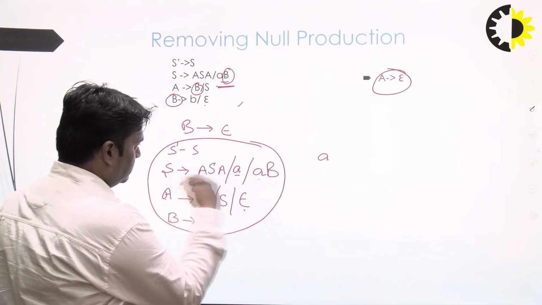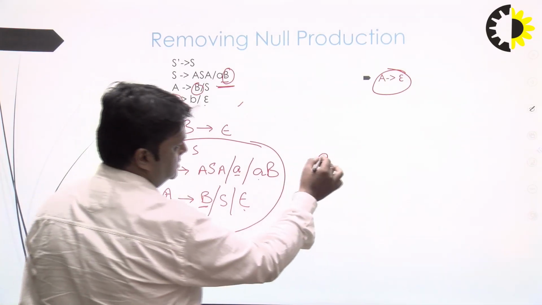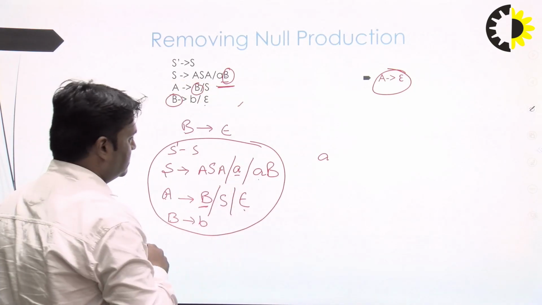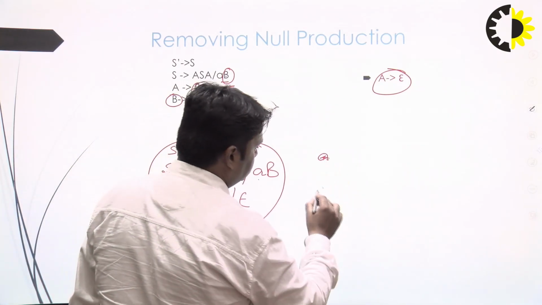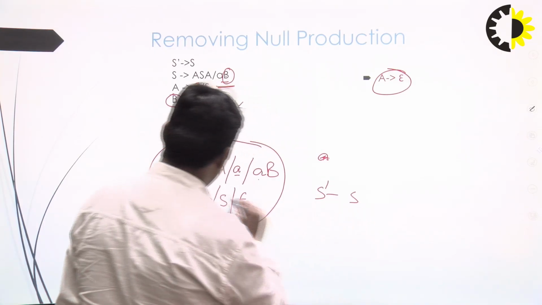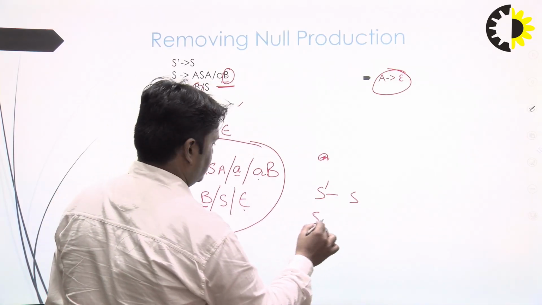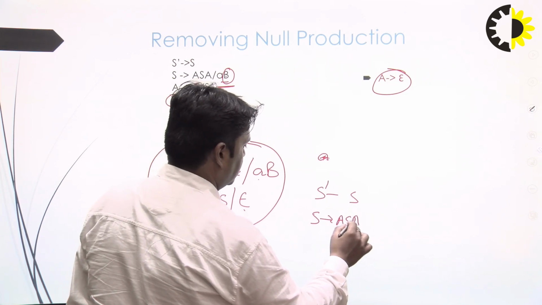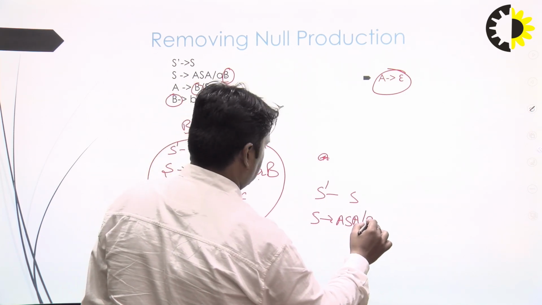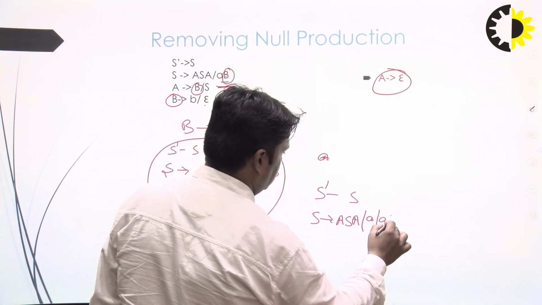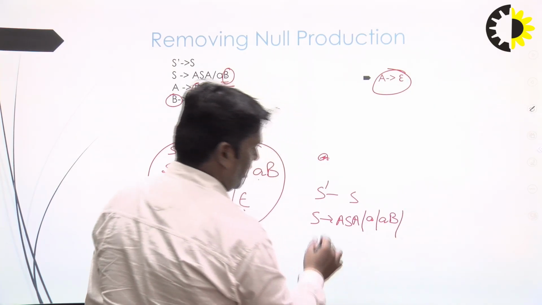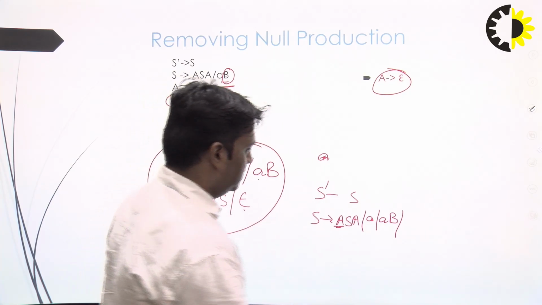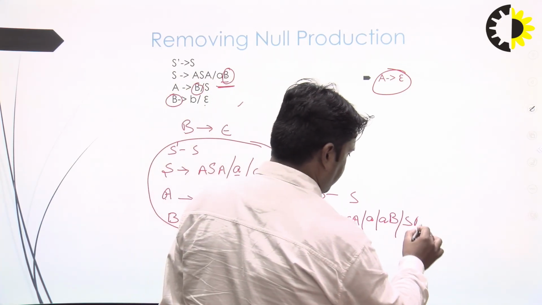Then S implies ASA slash A slash AB slash b; if we put epsilon at this point, then we get SA.